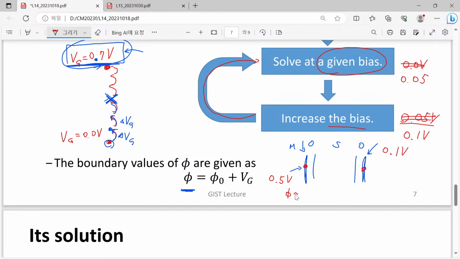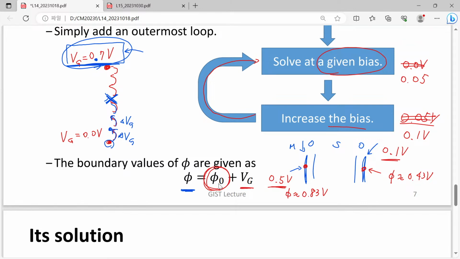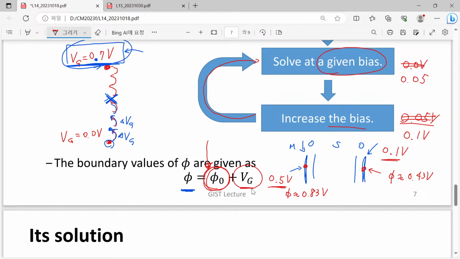It should be about this value for our left contact, and for this node about this value, because the applied gate voltage is just added to the equilibrium, or zero voltage, value. This is the value when you apply zero gate voltage, and we must add the applied gate voltage individually.